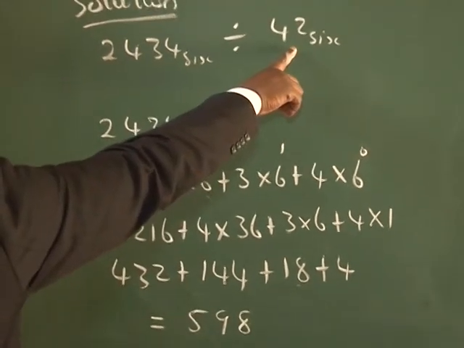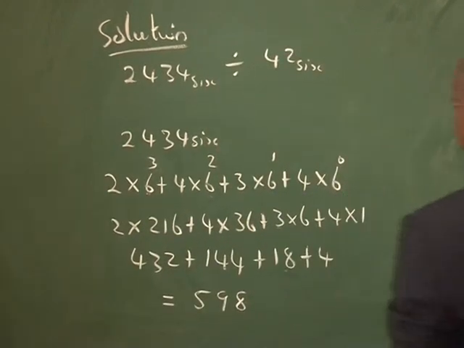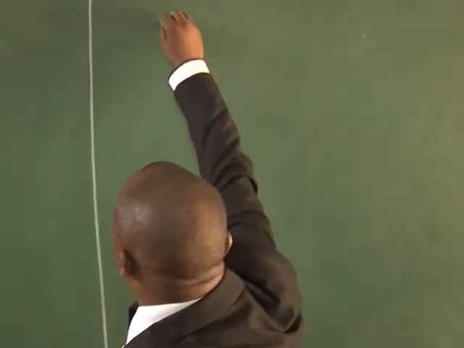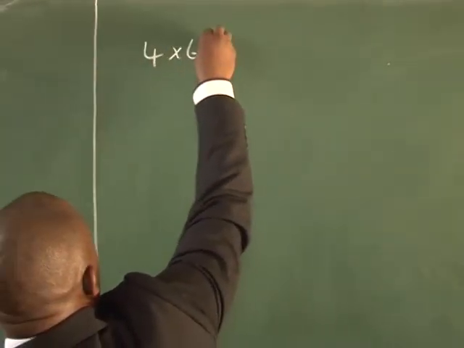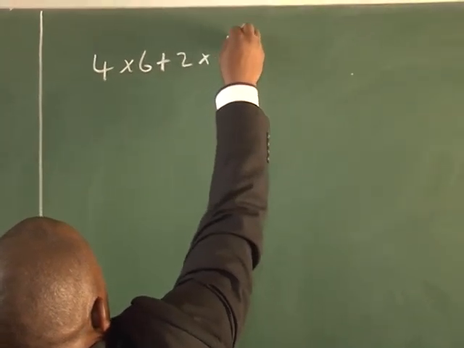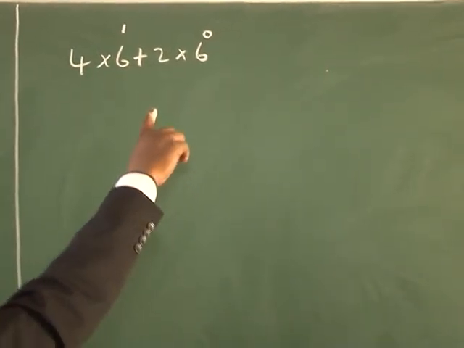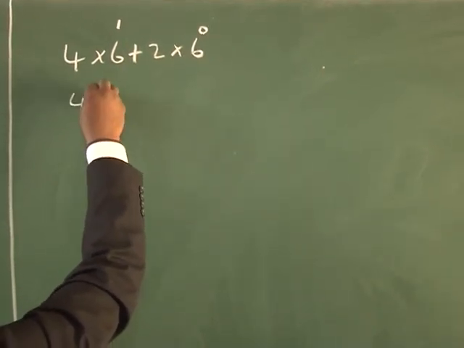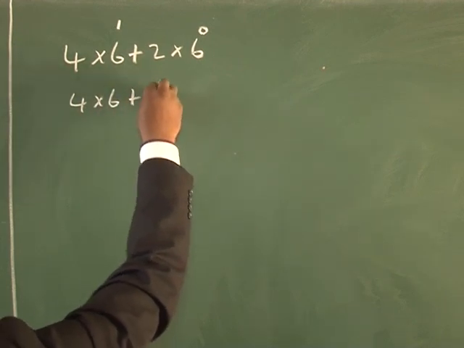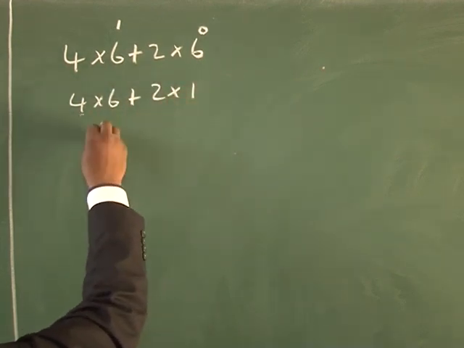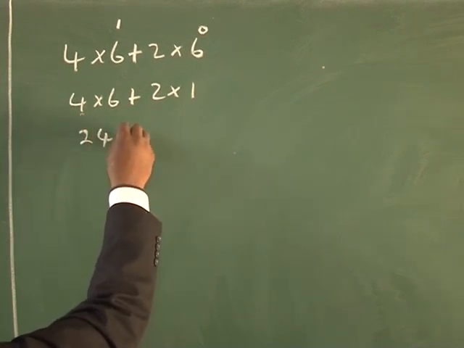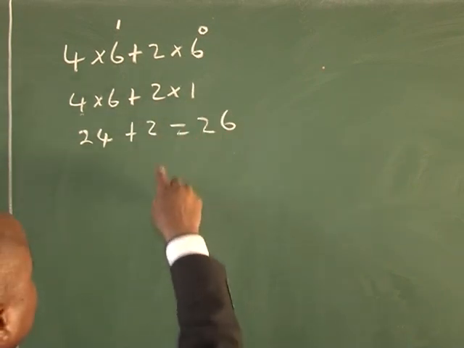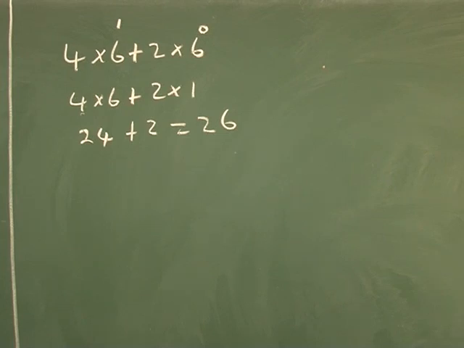Then we convert 42 in base 6 to base 10. That will be done this way: 4 times 6 plus 2 times 1, raising the base to the power starting from 0. 4 times 6 is 24, plus 2 times 1, which is 2, gives us 26.